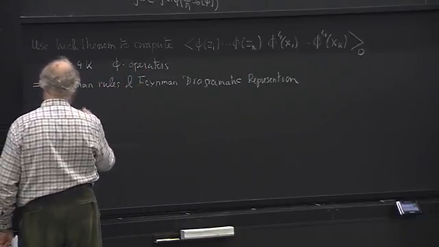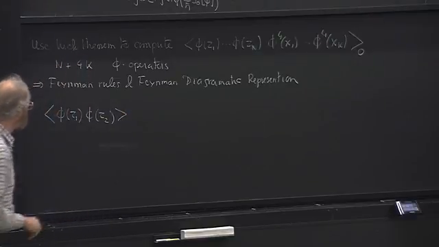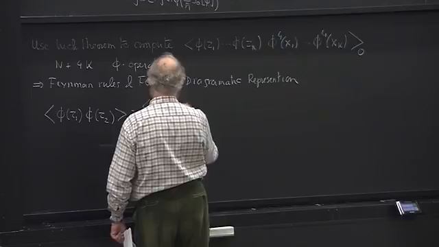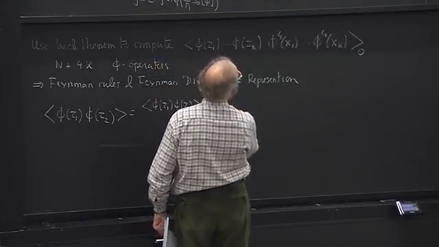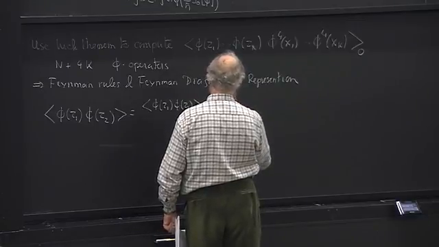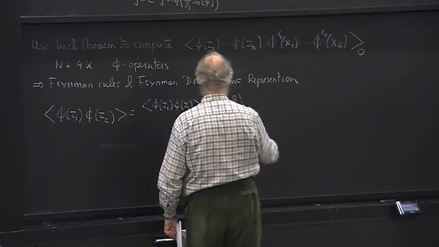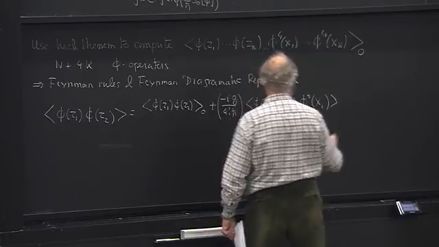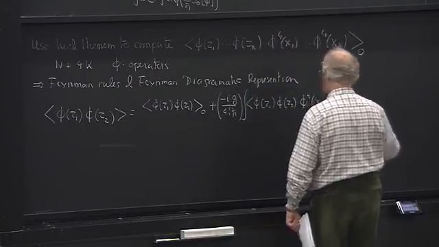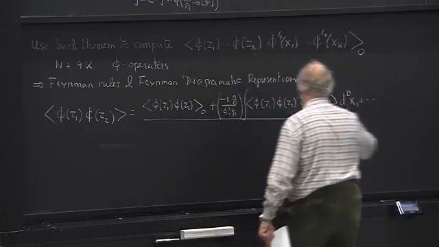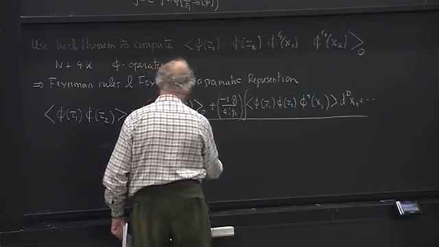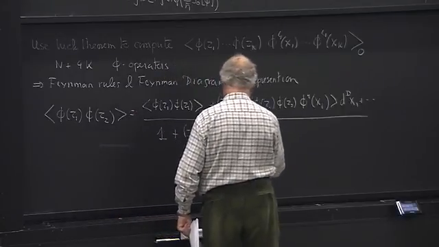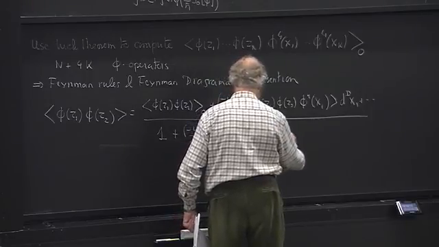If you are interested in phi of Z1, phi of Z2, the first term is: in the numerator, phi of Z1, phi of Z2 in the free theory, plus minus Ig over factorial 4 h bar times phi of Z1, phi of Z2, phi 4 of x1, integrated over x1, plus higher order terms, and divided by the same thing for the denominator: 1 plus minus Ig over factorial 4 h bar, integral over x1 of phi 4 of x1.